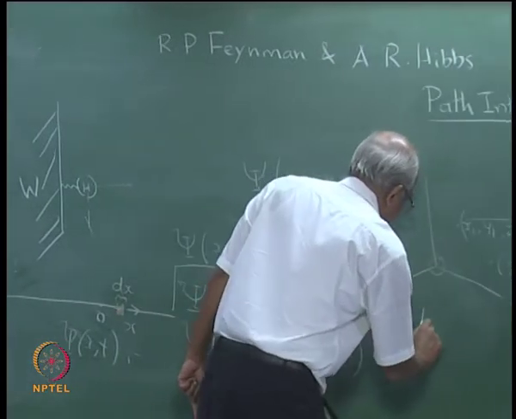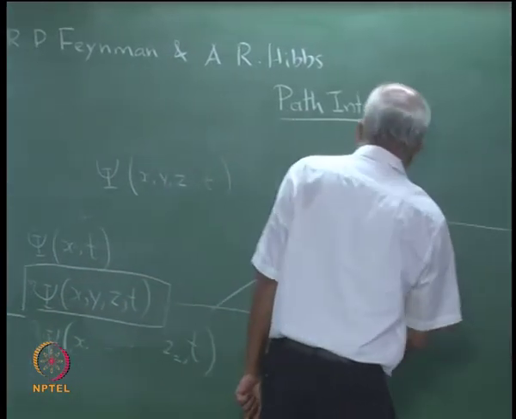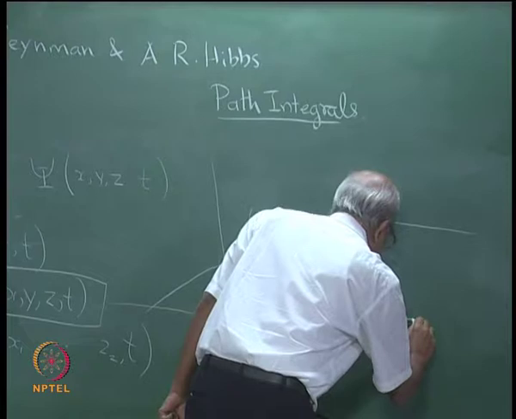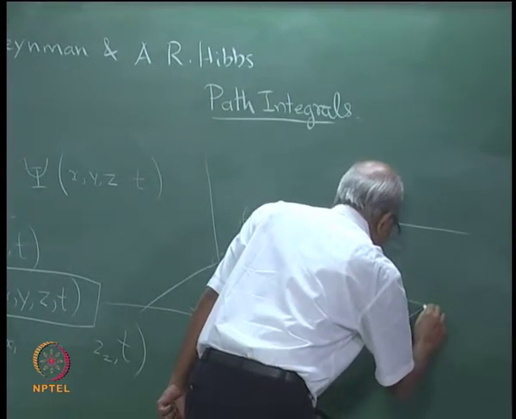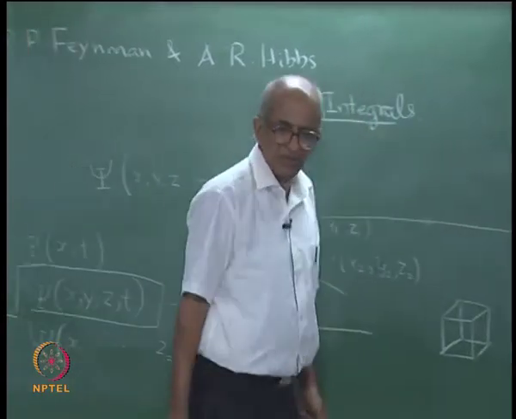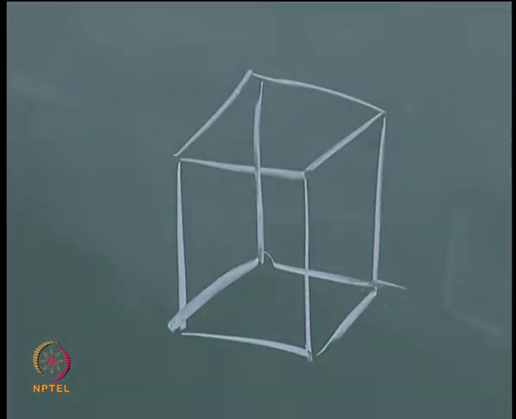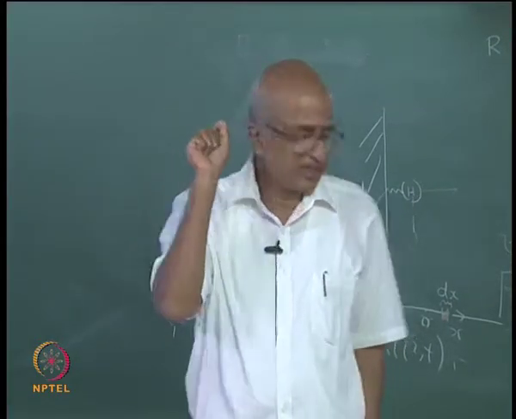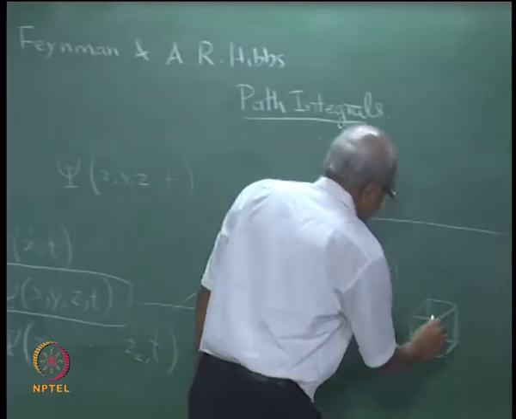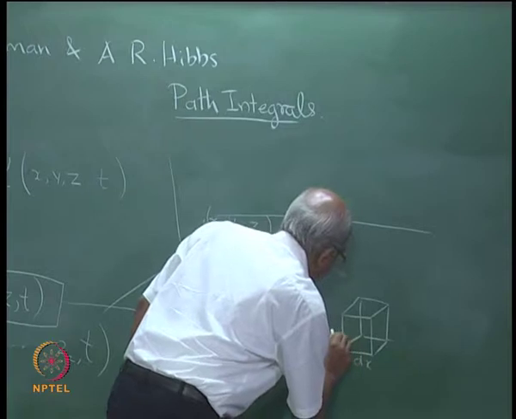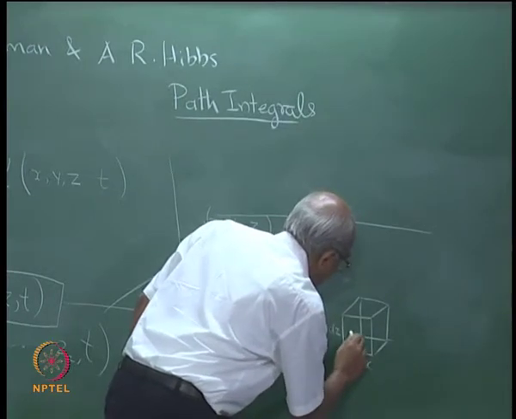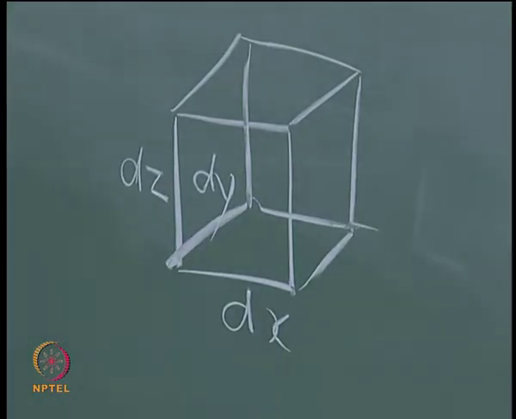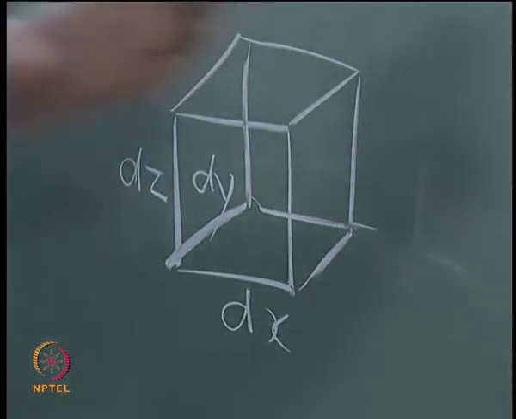Imagine in 3-dimensional space a small rectangular parallelopiped region in this room, and because it is small, I will say that the sides of this small volume are dx, dy and dz. So, this is going to be dx, the height is going to be dz, and the other side is going to be dy, so that the total volume contained in this rectangular parallelopiped obviously is dx into dy into dz.